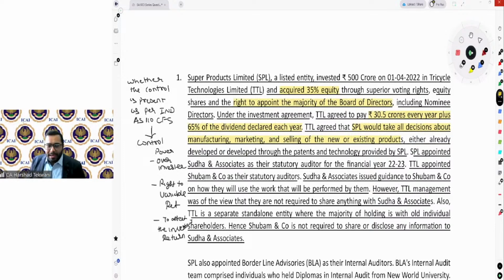And if that is a parent entity, then the management is required to prepare consolidated financial statements. If management is required to prepare consolidated financial statements, then the role of Sudha and Associates increases because they need to get comfort over the work performed by the component auditor of the component financials.